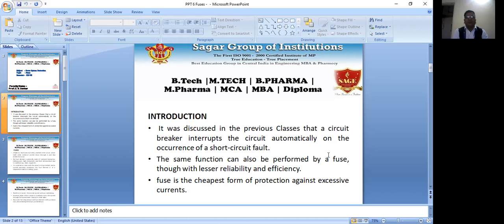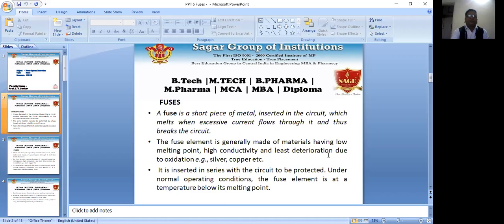The same function can also be performed by a fuse with less reliability and efficiency, which is the cheapest form of protection against excessive current. So this one is the introduction of the fuse.